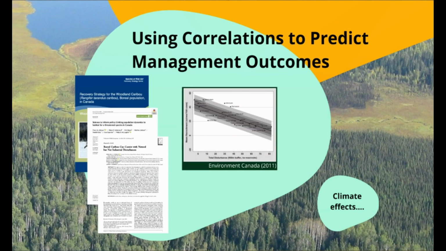All this demonstrates really is that the more disturbance we have on the landscape, the poorer caribou do. So we have this inverse relationship, this negative relationship. And so what the recovery strategy said was, okay, we're just going to pick 35% disturbance, and we're going to say that's what we want everyone to manage to. And as long as you reduce the amount of disturbance on the land base to less than that, we think the caribou are going to do okay.